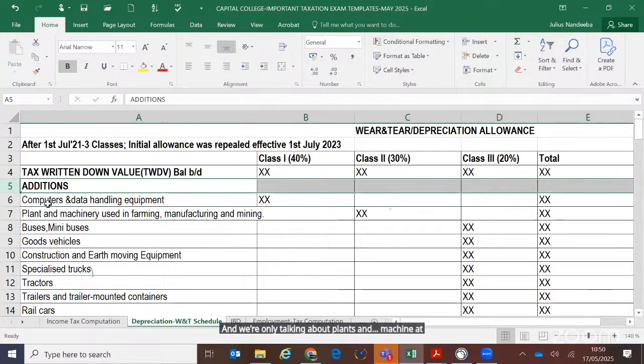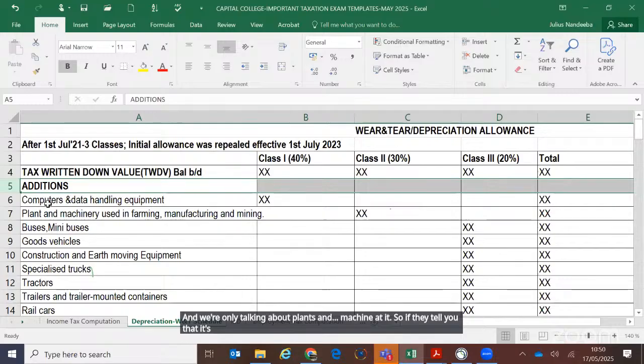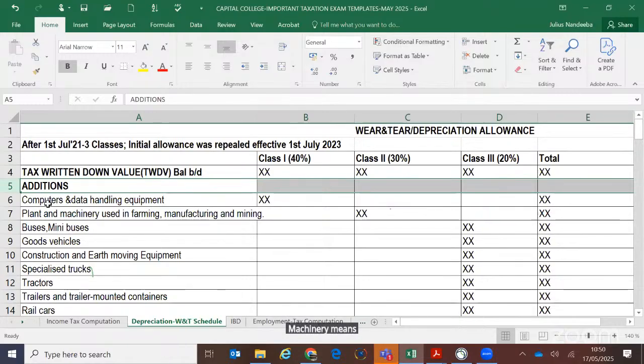Machinery means the factory equipment, the things that are used, for example, in the factory. That is plant and machinery. That's when you put them under class 2. If it is not the case, all other assets go to class 3.